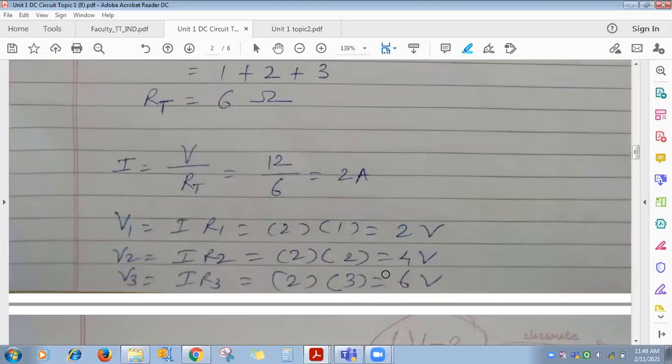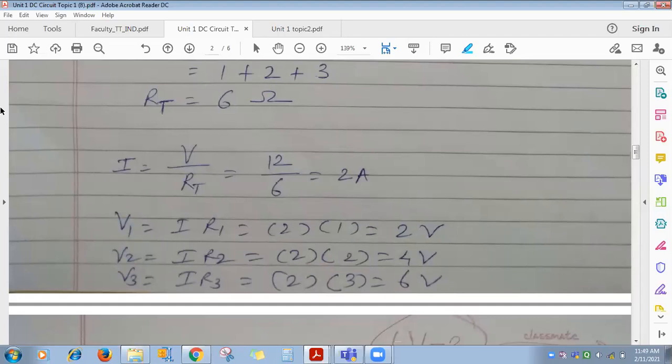Voltage drop across any resistance depends on the current flowing through it and on the value of resistance. It is directly proportional: if you increase the current, the voltage drop increases, and if you increase the resistance, the voltage drop increases.